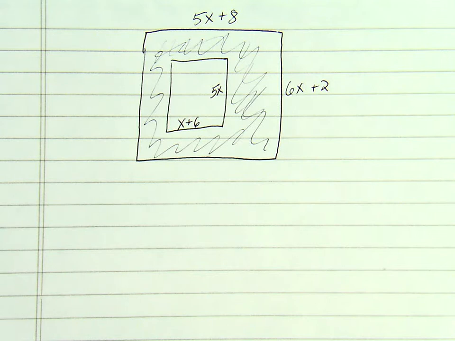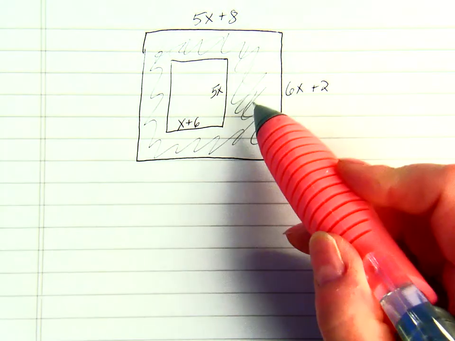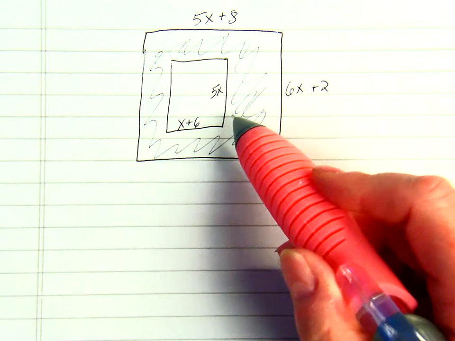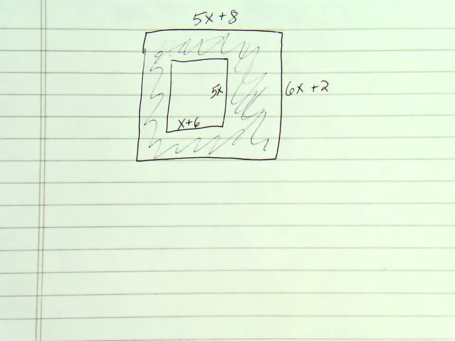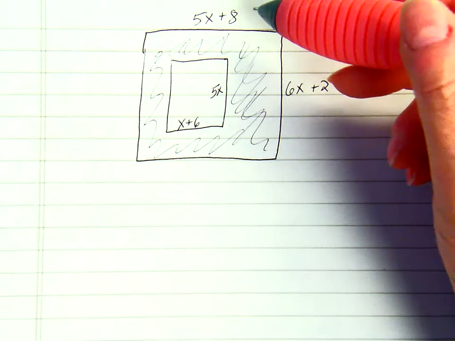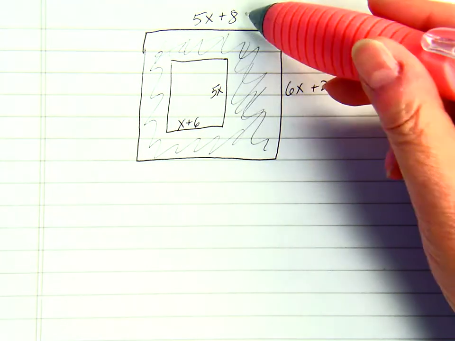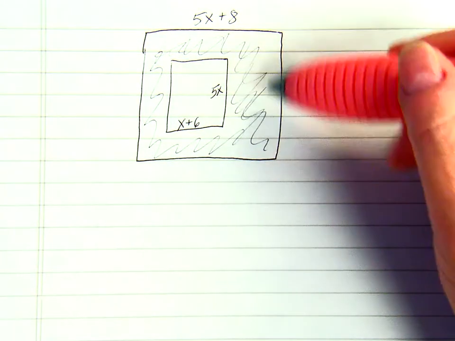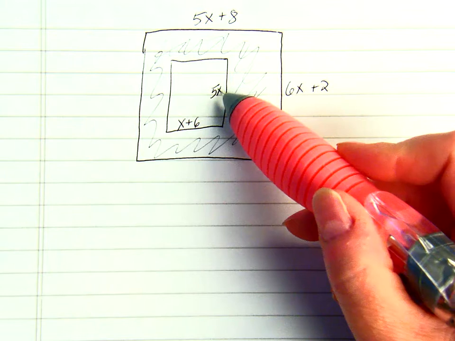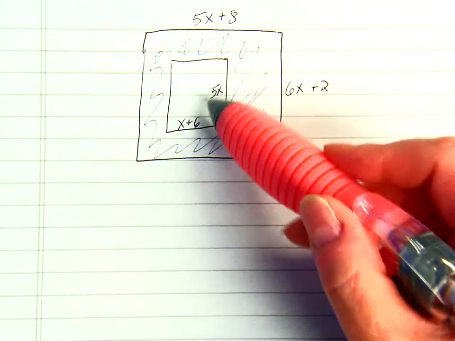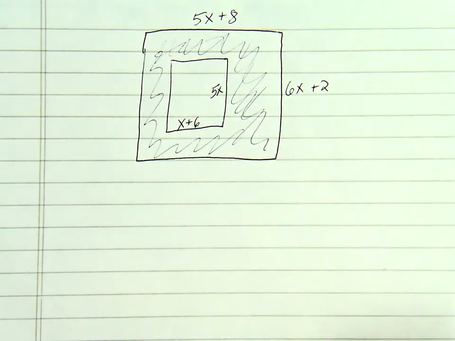So the whole idea here is they want to find the area of the shaded region. Okay, so how are we going to do that? Well, what we're going to do is find the area of the whole rectangle, then we will find the area of the unshaded rectangle, and then we will find the difference.